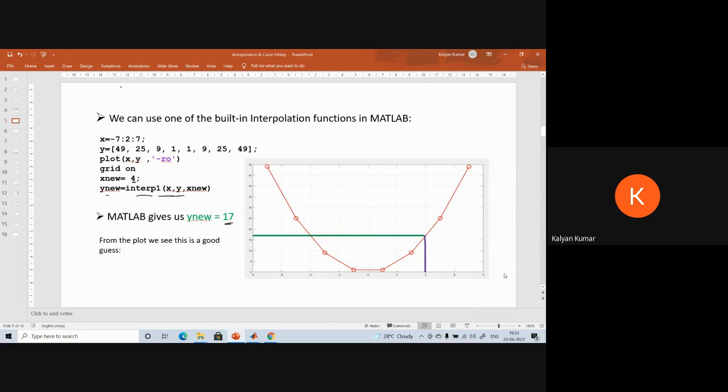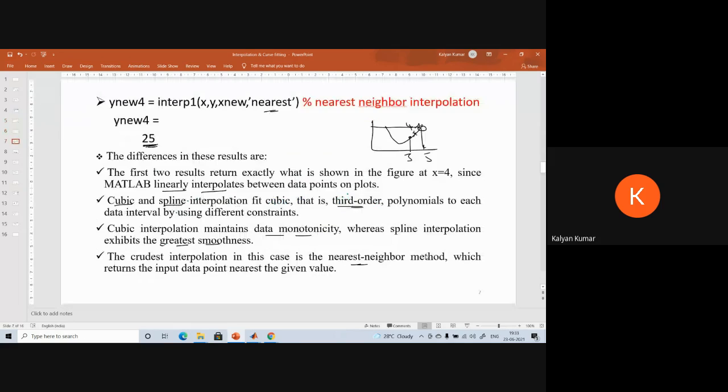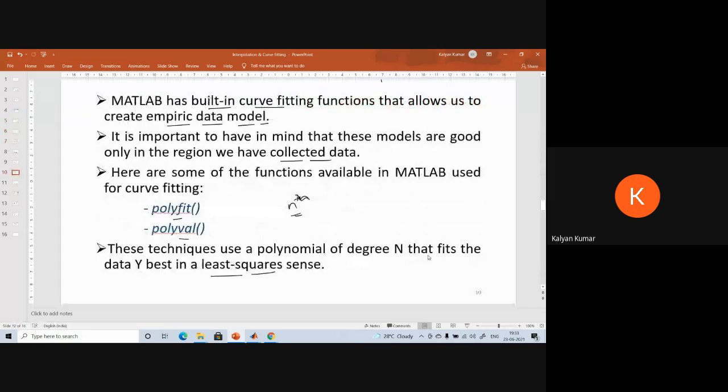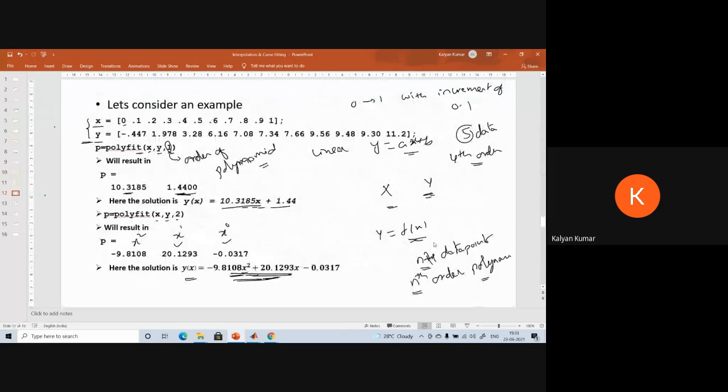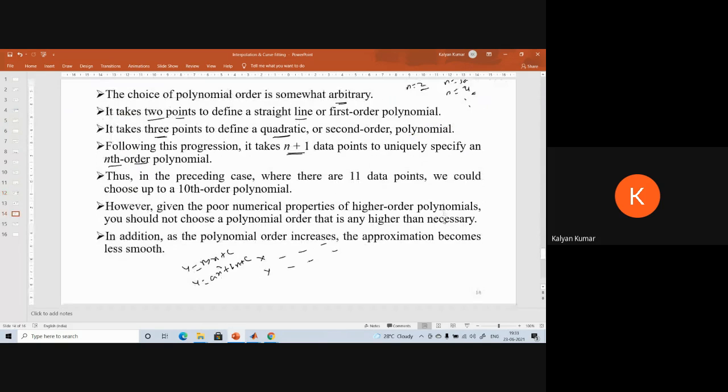If we are having measured data points at given values, then at any desired value, here, or here, or here, we can estimate the second set value. And in curve fitting, we can develop the relationship between two data sets that we have obtained from the practical experimental data. This is interpolation and curve fitting.